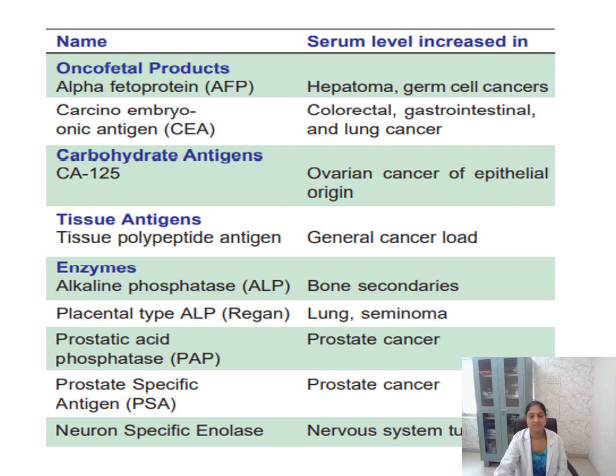Alkaline phosphatase is seen in bone tumors and also secondaries. Placental type ALP is seen in lung cancer and seminoma. Prostatic acid phosphatase is seen in prostate cancer. Prostate-specific antigen is seen in prostate cancer, and neuron-specific enolase is seen in nervous tissue cancers.